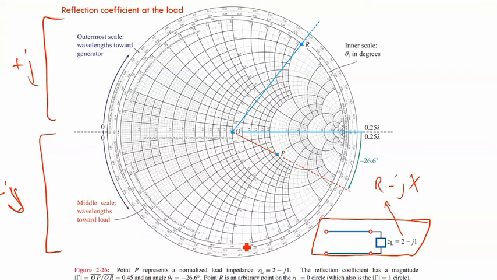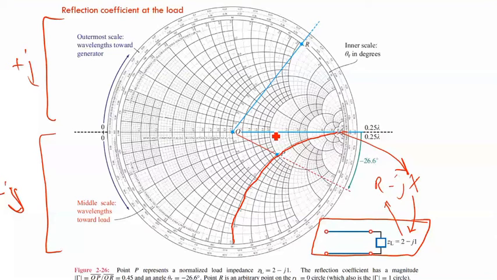So this is 1 over here, and this one goes like this. This is the line of r, and this one minus j1, and then the real is 2.